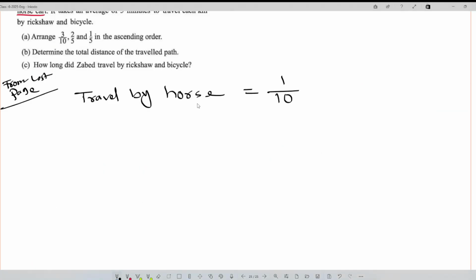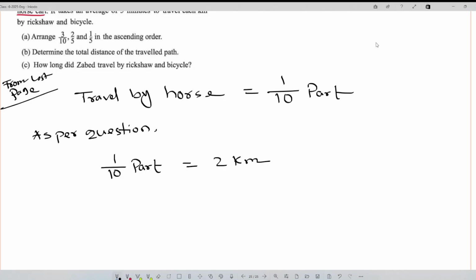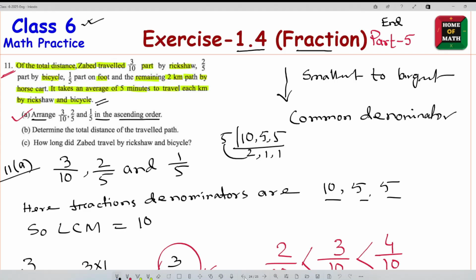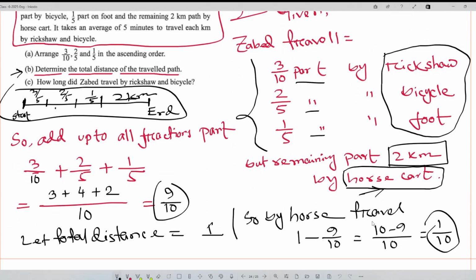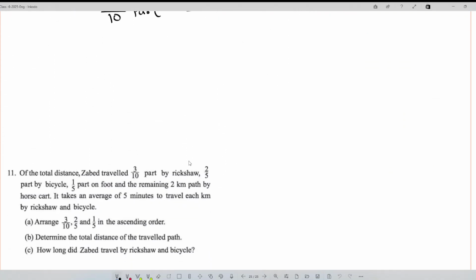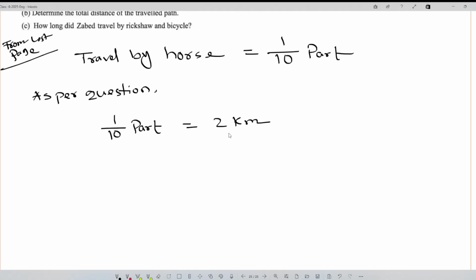So we already get that travel by horse is 1/10 part. As per the question, the remaining 2-kilometer path is by horse cart. So in the calculation we got 1/10 by horse, and 1/10 means 2 kilometers. By cross multiplication, 1 part equals 2 times 10 kilometers.